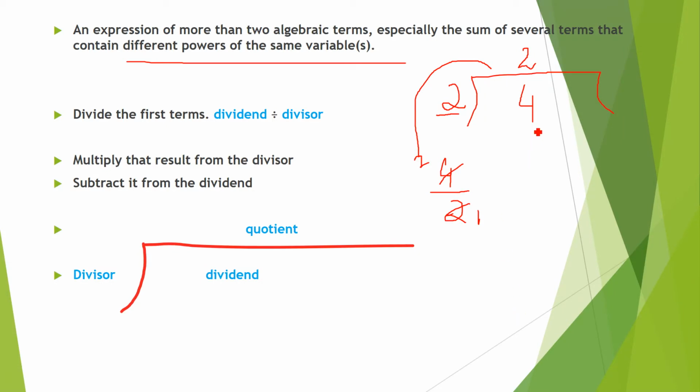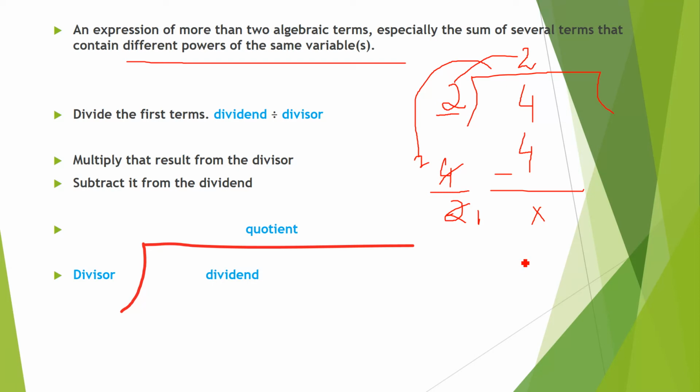We have to divide the first term of the dividend with the first term of the divisor. This is the divisor. We divide it. Whatever is the answer, we write down in the quotient. Then you multiply this divisor with the quotient, 2 times 4, and the third step is to subtract it from the dividend, and we get the answer 0 here.